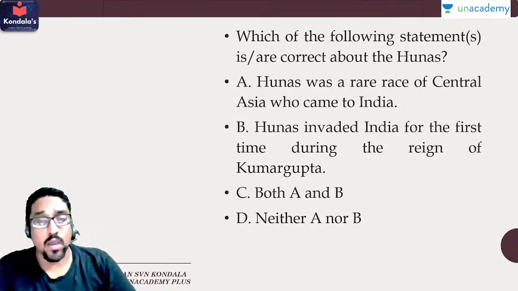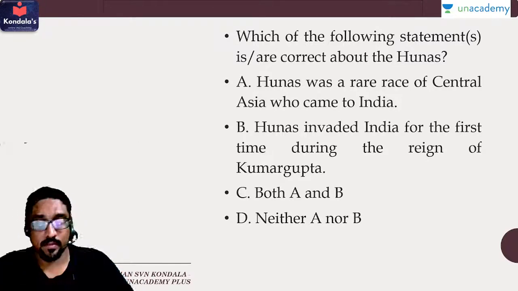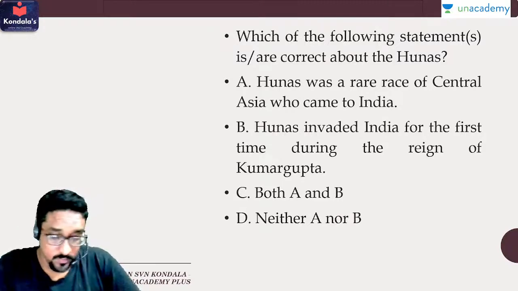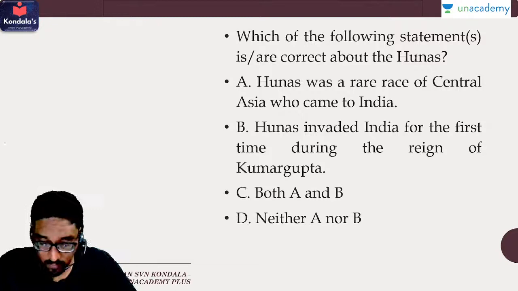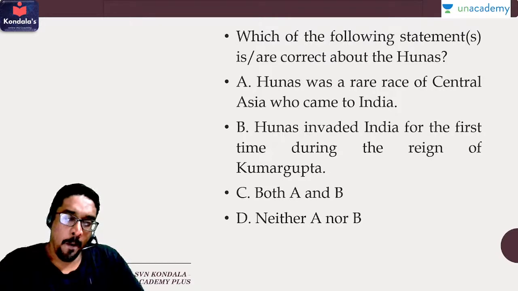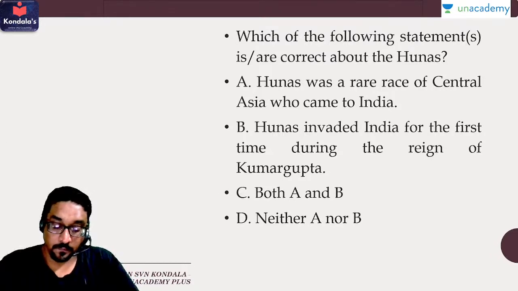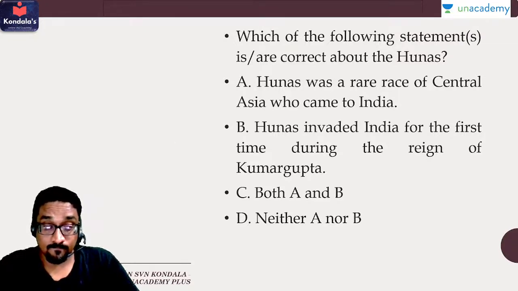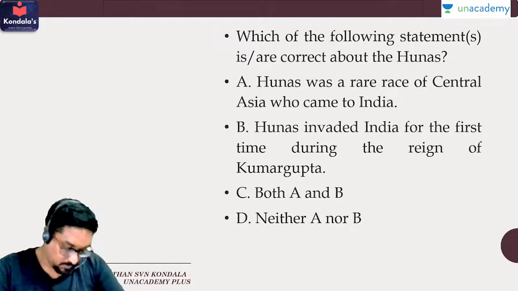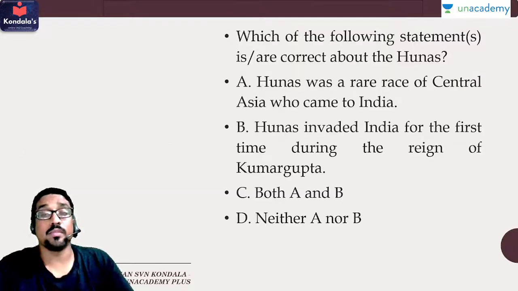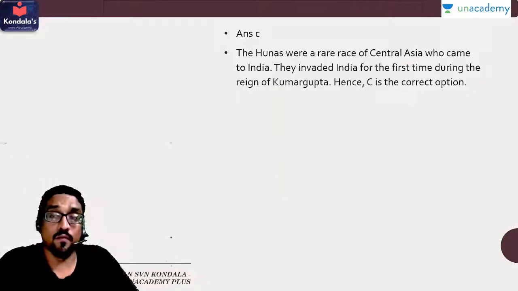Both A and B are correct, or neither A nor B. Hunas were a rare Central Asian race who came to India.